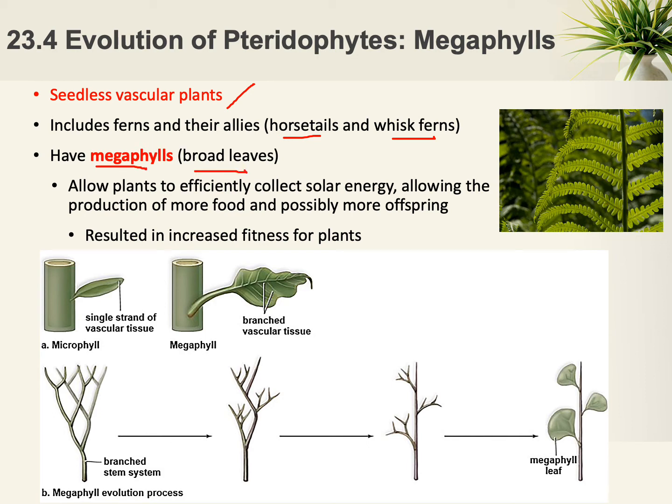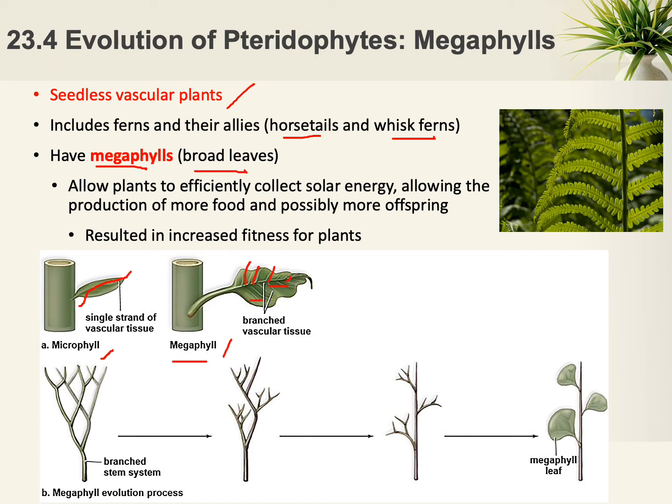Down here are examples of microphyll and also megaphyll. In microphyll, it is just a single strand of vascular tissue, while this one here, megaphyll, which is in pteridophytes, has branches. They have a lot of branches of vascular tissue, or veins.